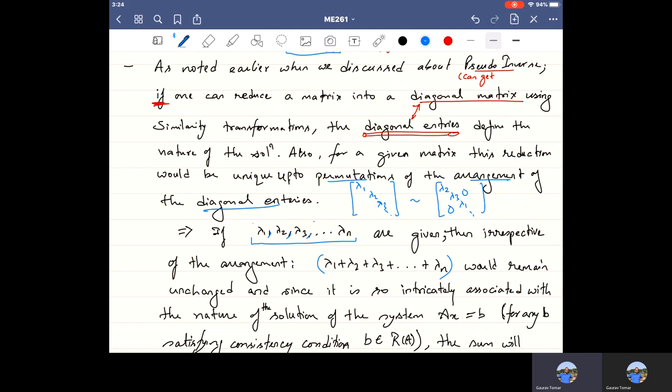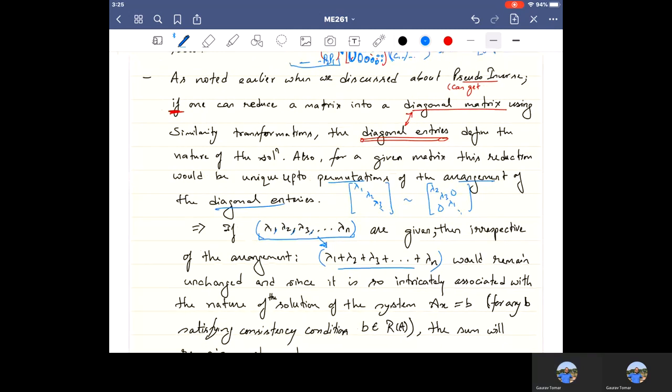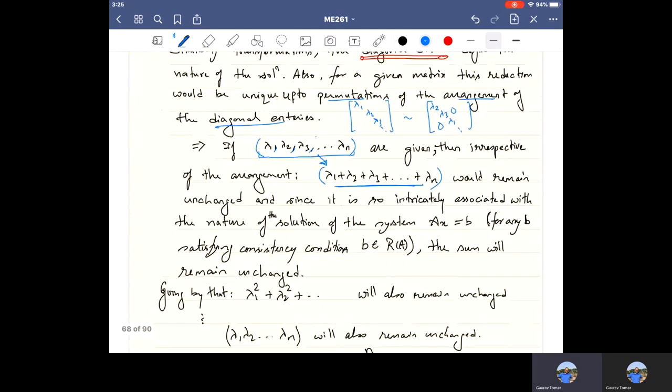So finally, these are the values which determine the nature of the exact mapping that you're doing through A. So you can say that the summation of these diagonal entries will not change. And this summation is essentially nothing but the trace of A. Then I can also add squares, lambda 1 square, lambda 2 square, and so on. That will also remain unchanged, right?